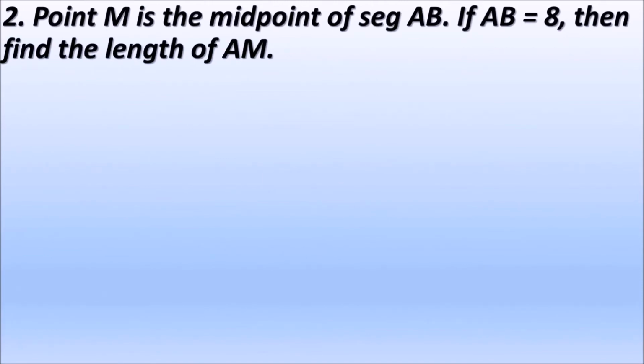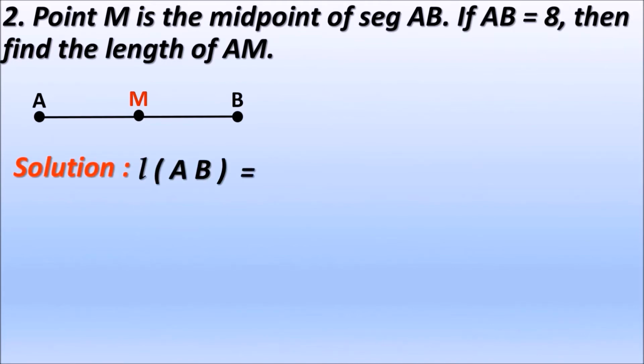Now here we have the next question. Point M is the midpoint of seg AB, and if AB equals 8, then find the length of AM. So here we will draw a figure as per the given question. Here M is the midpoint of segment AB. Solution: length AB, how much is it given? 8 centimeter.